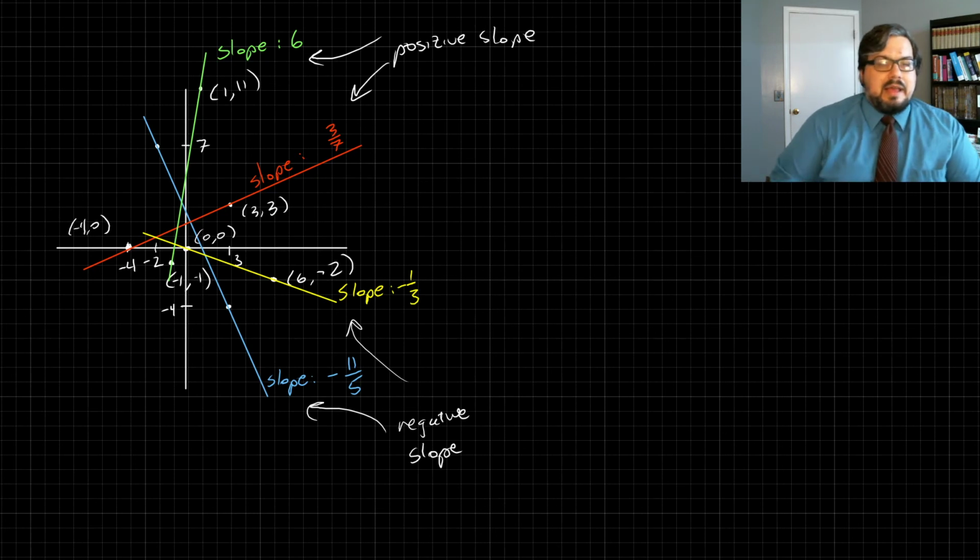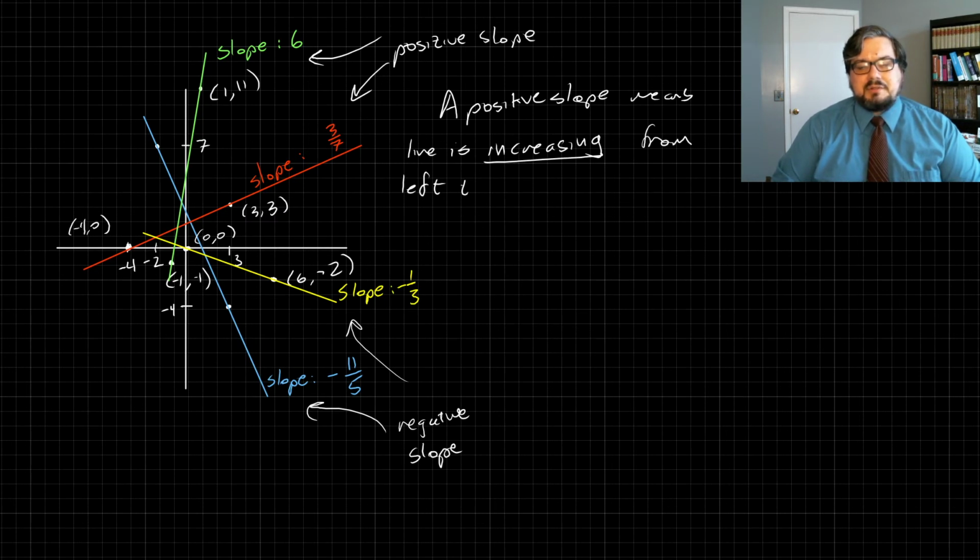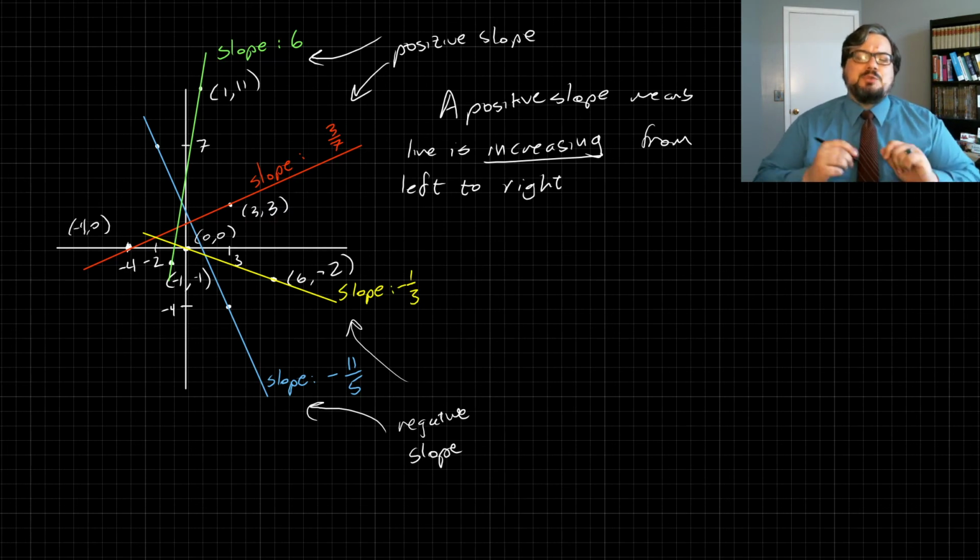So a positive slope means the line is increasing from left to right, meaning precisely the y values of points on the line are increasing as we move from left to right along the line.